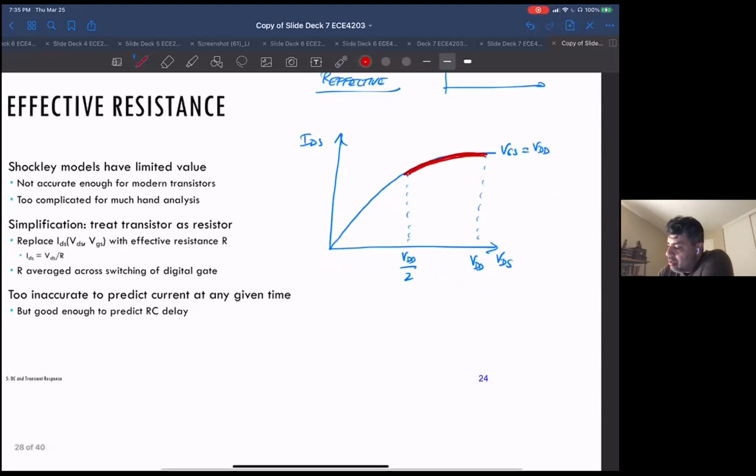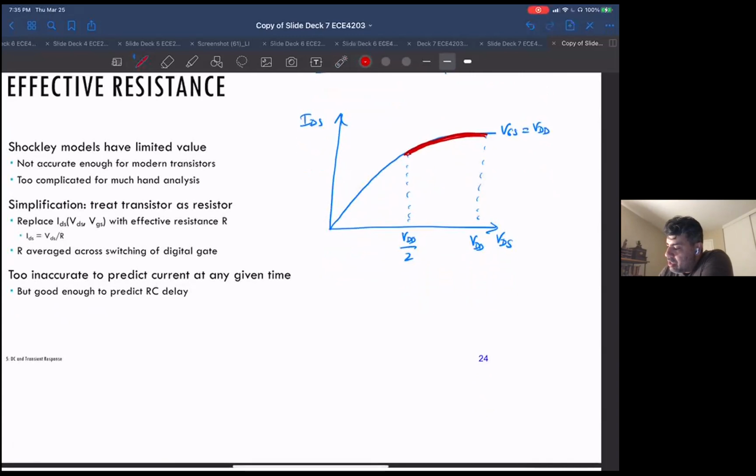That means if I was going to draw my RC, this is R effective, which I'm trying to calculate, driving a load. Basically this node is going from VDD to VDD over 2. So I want to figure out what I can use for this R effective.